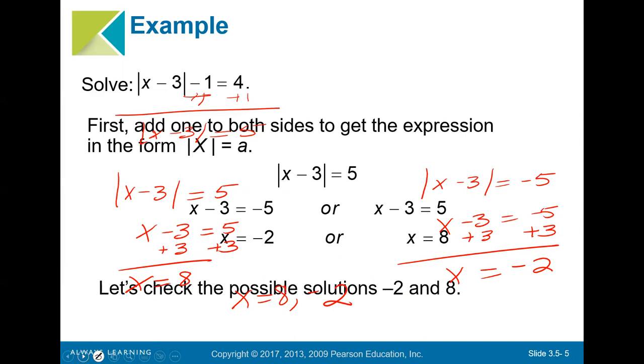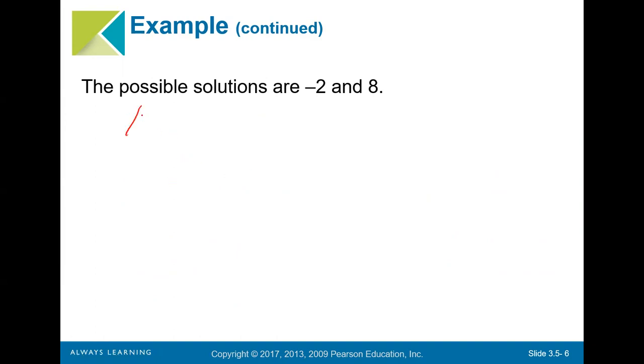Okay. Now we want to check the possible solutions. We're going to make sure that they're true solutions, right? So what you could do is plug it back in to the original. So what do we have? The absolute value of x minus 3, minus 1, is equal to 4. And let's plug in when x equals -2.